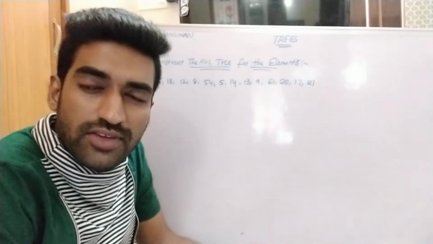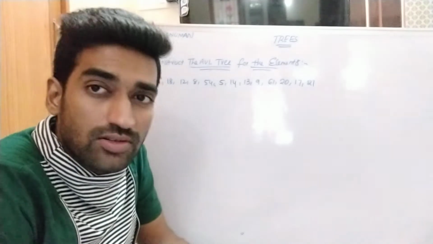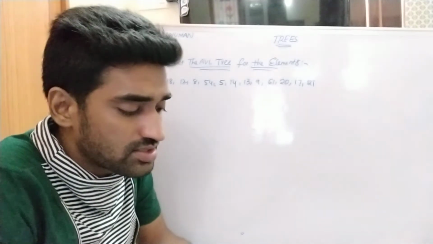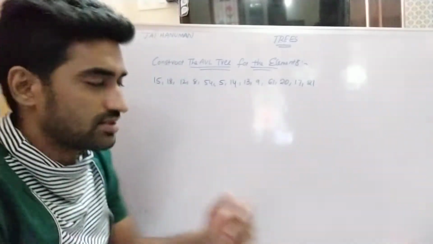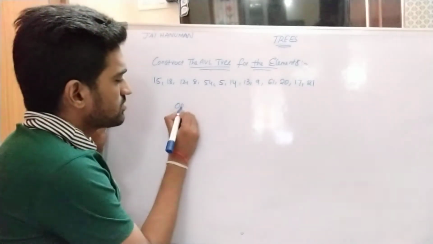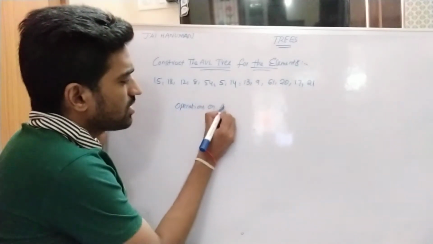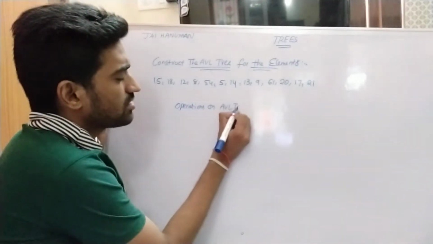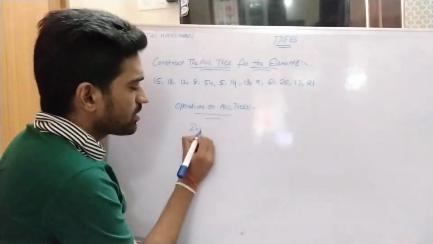Yes, hi friends. In the previous session, we already discussed AVL trees and rotations on AVL trees, right? So in this session, we are mainly concentrating on operations on AVL trees. Generally, there are two types of operations performed on AVL trees. One is the insertion operation.